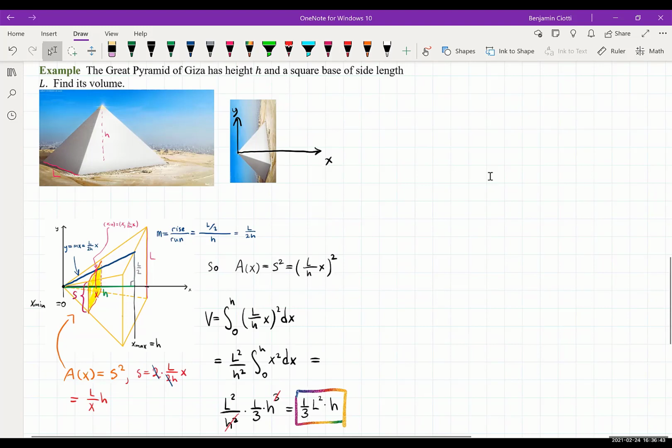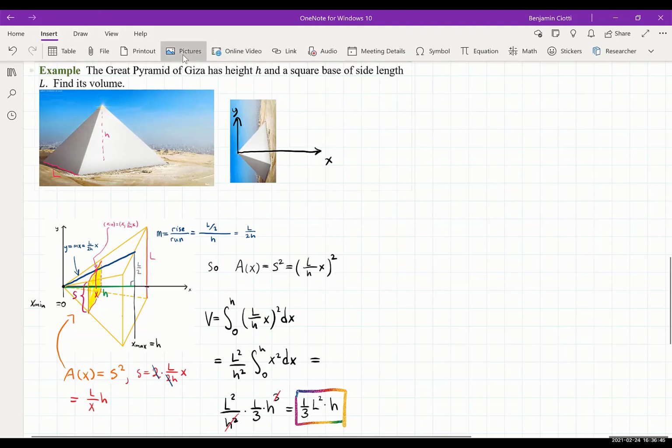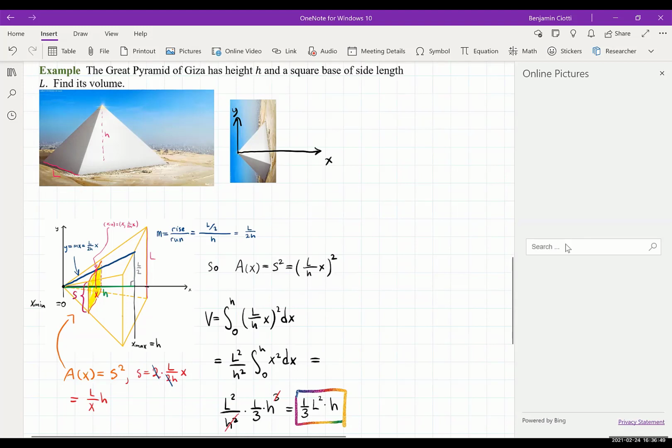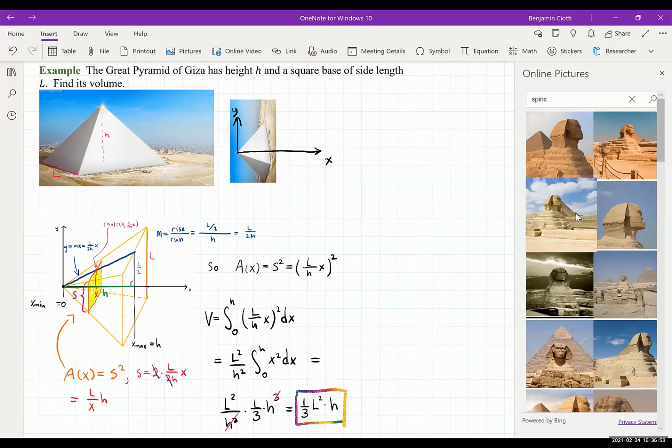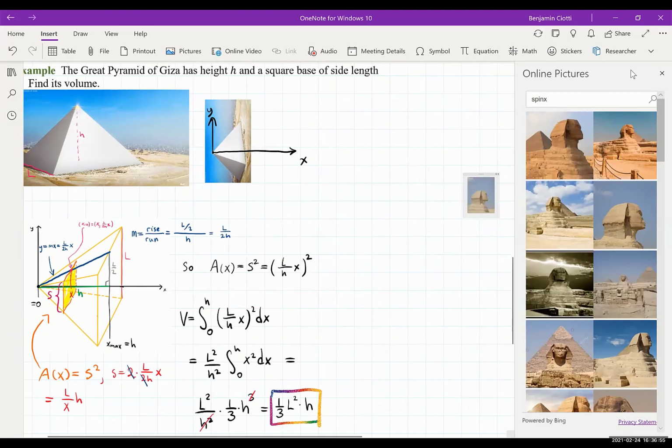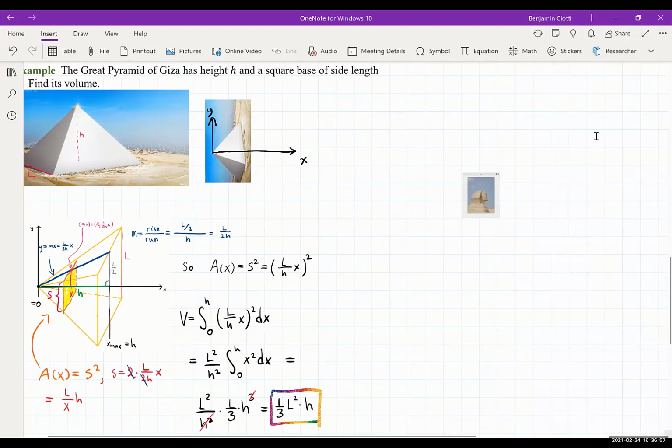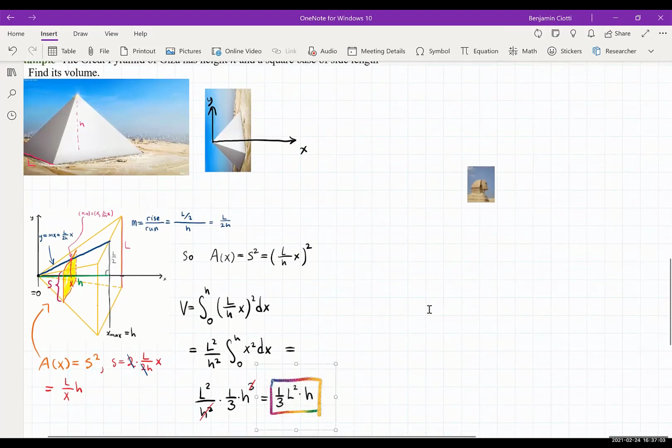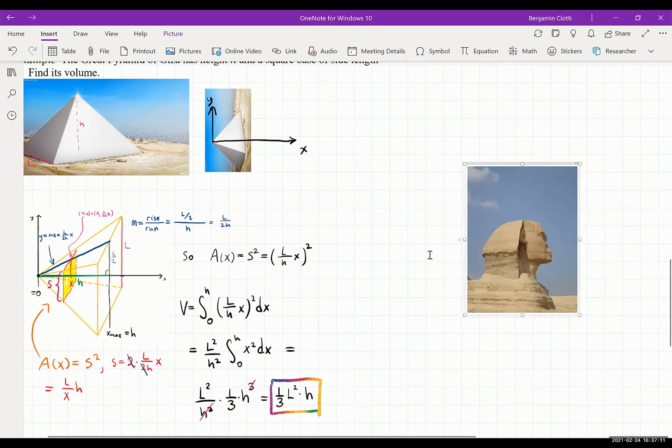You know the Great Sphinx? No? Professor, I have a quick question about your answer. Is that supposed to be an x or an h cubed? Neither? Here? Oh, never mind. We plugged in values for x. Never mind.